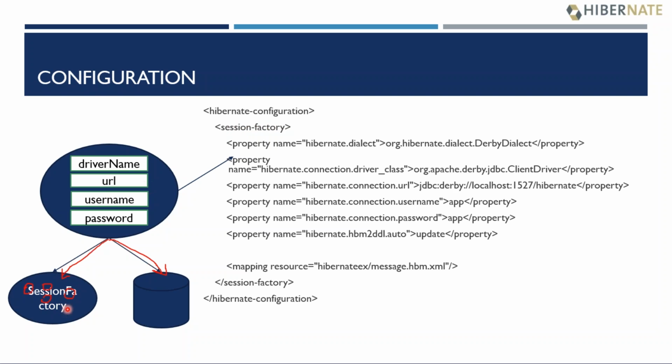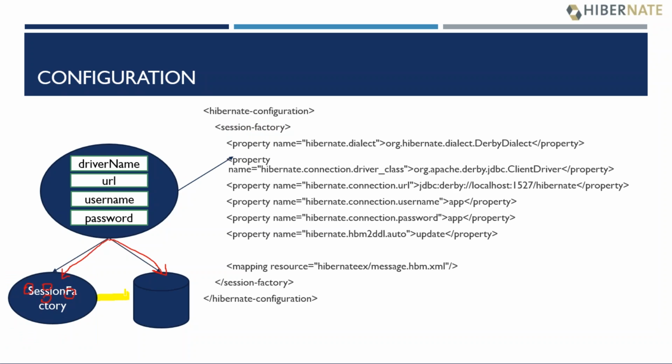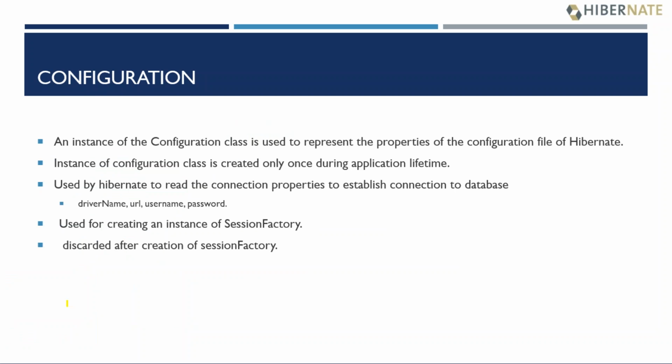One session factory is associated with one database. Now we will discuss what the session factory is. The instance of the configuration class is created only once; you will have only one configuration object for the complete application.